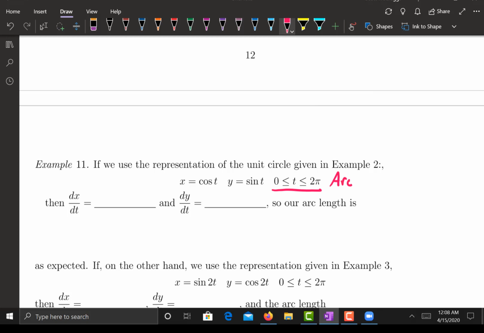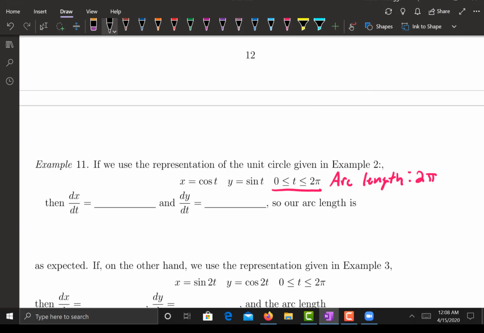So my arc length, and you can verify this using our formula from section 6.5, on the unit circle will be 2 pi. Well, let's see if we correspond with that.